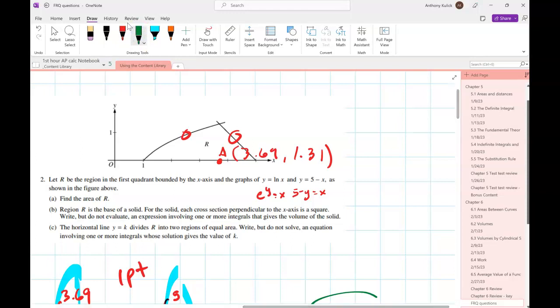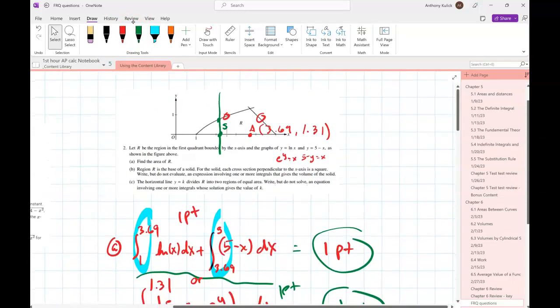So basically, if I cut a cross-section here, that distance would be a side length for a square, right? Everybody agree with that? That's what the directions are saying. Each cross-section perpendicular to the x-axis is a square. So that cross-section that I've drawn is the side length for the square. Everybody agree with that?